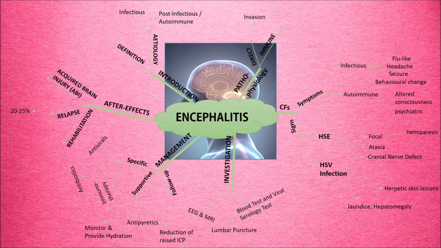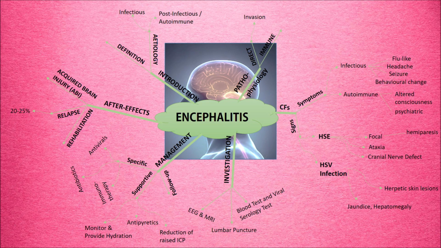To differentiate, autoimmune encephalitis has its special symptoms: acute or subacute progressive decrease in level of consciousness, altered cognition, memory impairment, and some psychiatric manifestations such as sleep disturbance, hallucination, and psychosis.